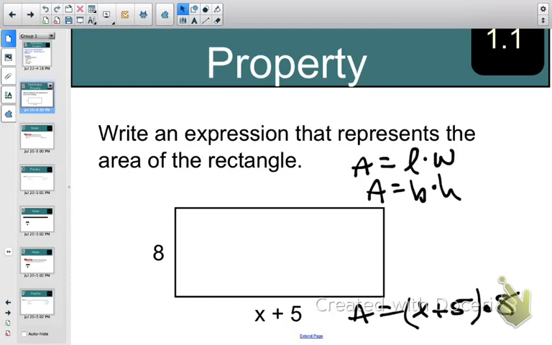Now, what I'm going to do is multiply these things together. Basically, what this is trying to teach you is how to distribute. Let's just say that this much right here is 5. This much right here is going to be our x, which we don't know.